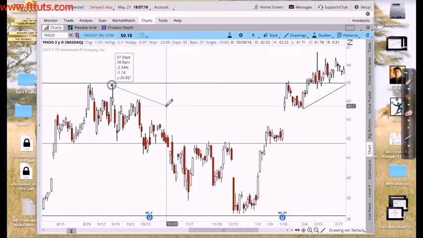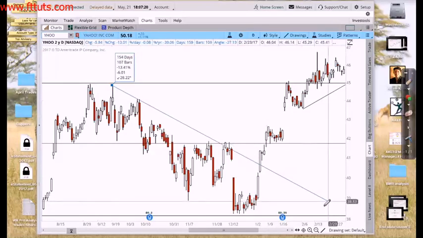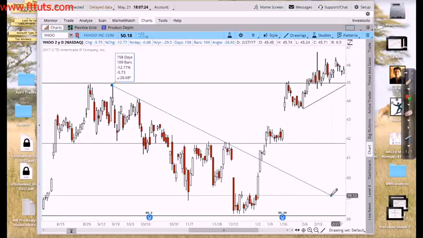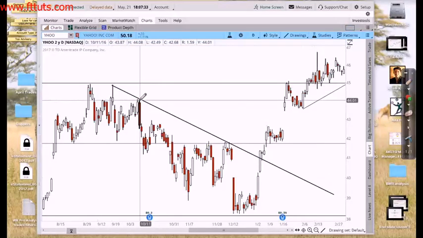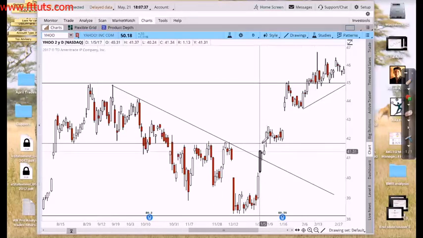So connect that. Where does it connect 3 points? There. So there you go, 1, 2, 3. That's a resistance. It broke above that, found support, and boom, went up there.